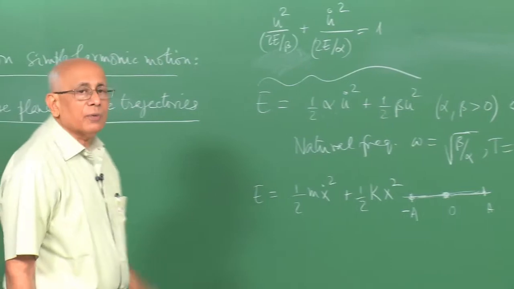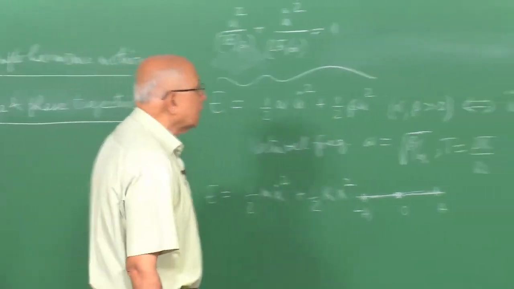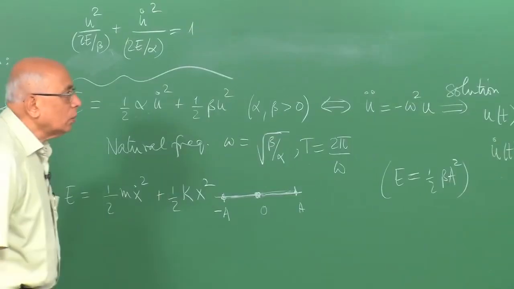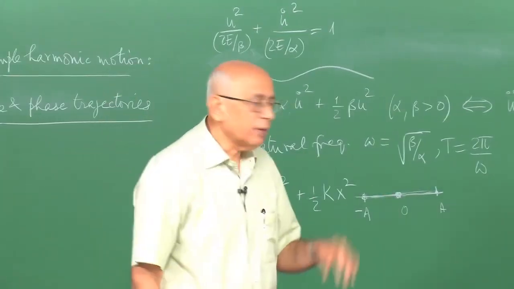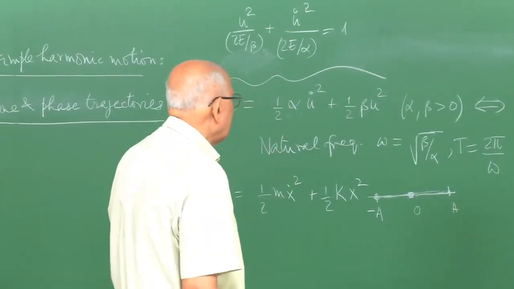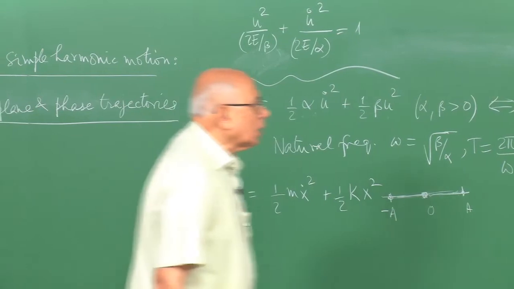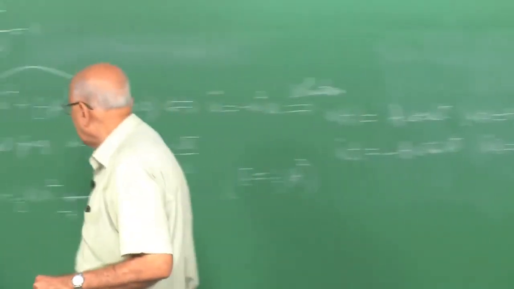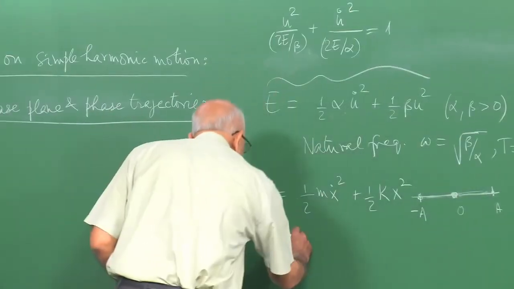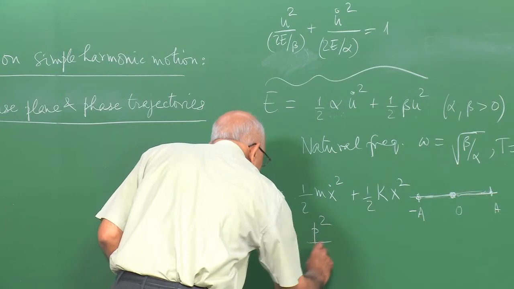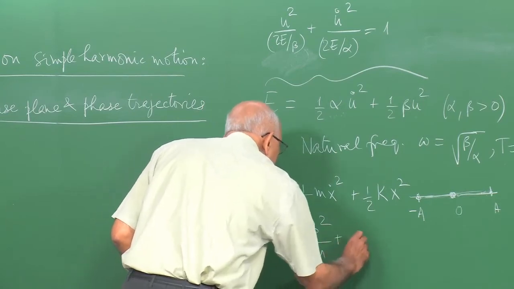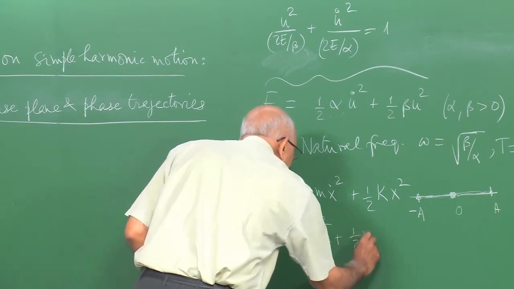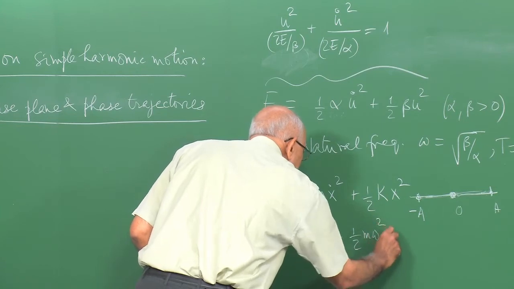This ellipse is called a phase trajectory, and this plane is called the u u dot phase plane. It is called the phase plane. It is customary actually for technical reasons to plot not u versus u dot in many cases, but if it is a particle moving, for example, along the x axis, then it is convenient to write this energy in terms of the momentum, p squared over 2m plus 1/2 m omega squared x squared.